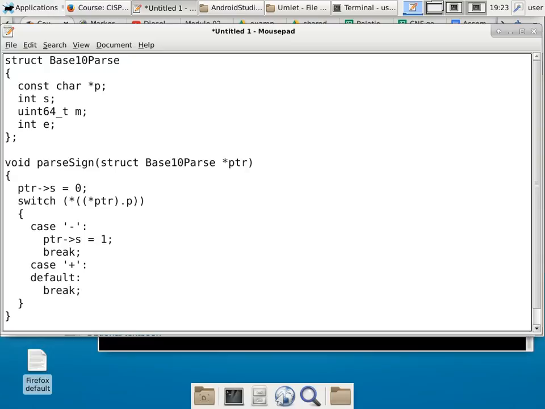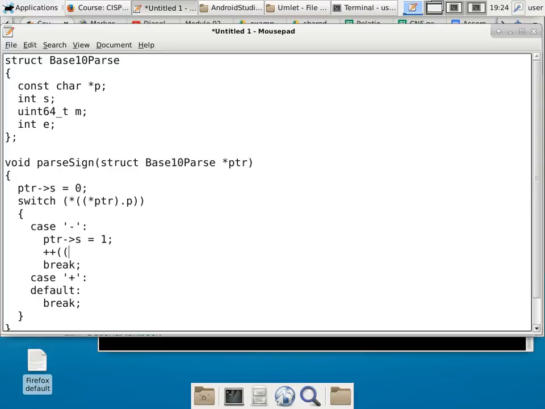But wait, there's a little bit more that I need to do. Okay? Because if I just do it like this, then I'm not keeping track of what is the next character that we are processing. So every time you see something that you recognize and you just processed it, you have to increment the P member of the structure. So every time I see something like the minus symbol, because I'm processing this, and I recognize this, I know what it means, then you have to remember to increment the P member of the structure pointed to by PTR.